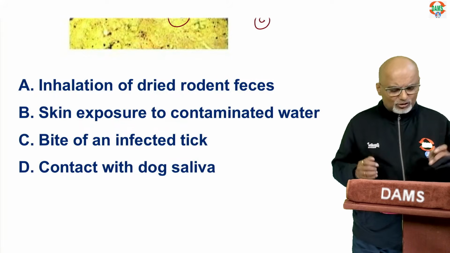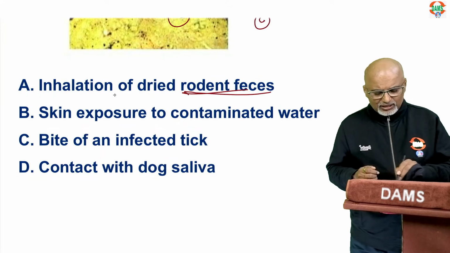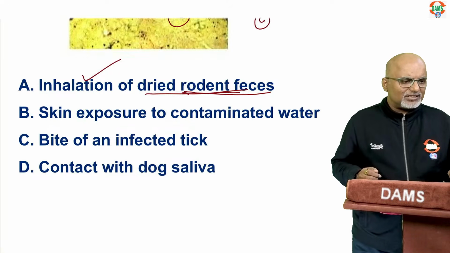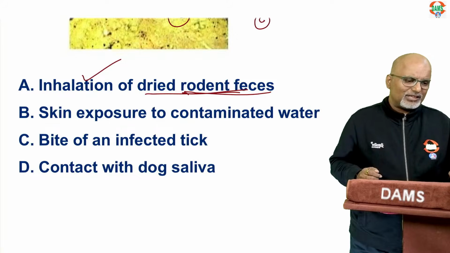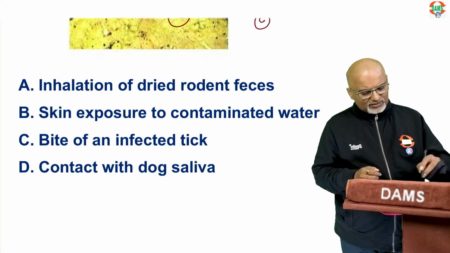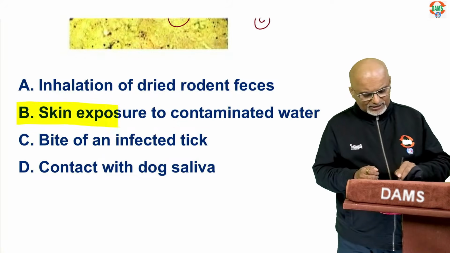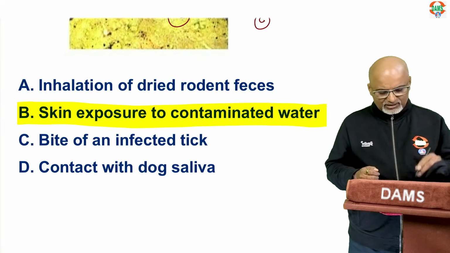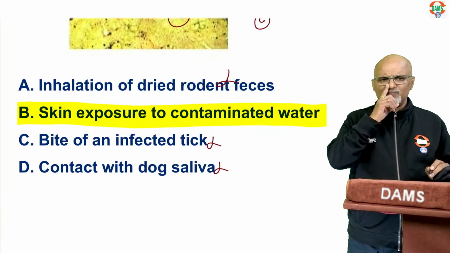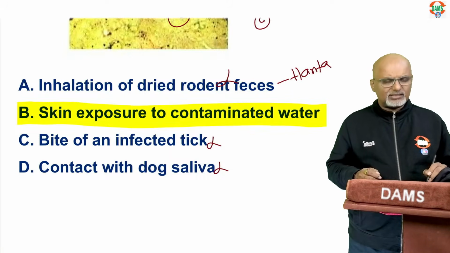Everybody immediately thinks, sir, rodent excreta. Some people see the word rodent and go for that answer. Is it right? Many people answer that. Okay, yes, it is through animal excreta. So the mode of transmission is entry via abraded skin, skin exposure to contaminated water. It is not by infected tick, saliva or rodent feces. Inhalation of rodent feces is hantavirus disease.